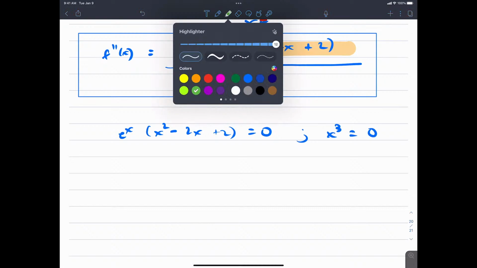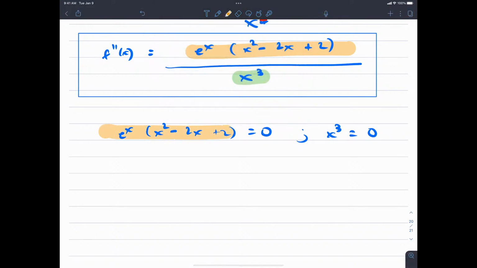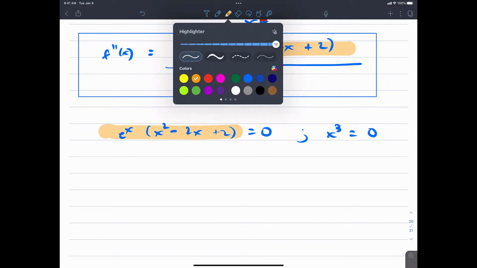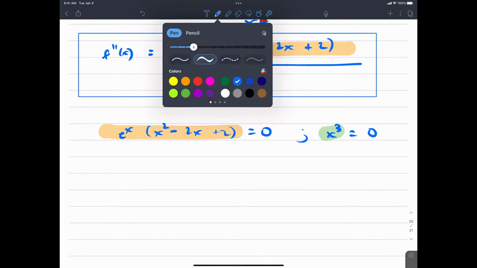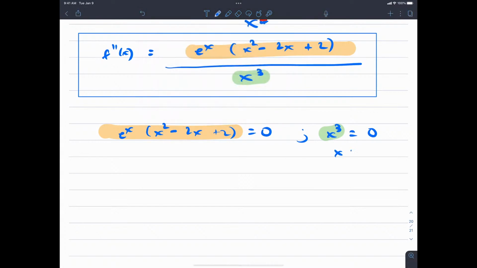So let's put it together here. This portion here. And then you have this portion. So the bottom says x is what? 0. But you throw it out. You say, why do I throw it out? It's not even in the domain. Function is not defined. So, okay.